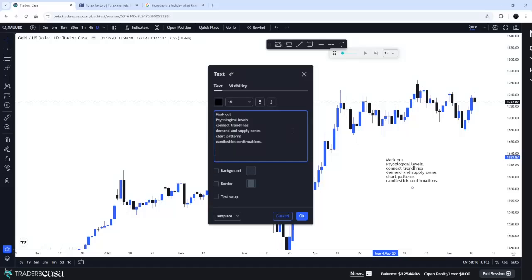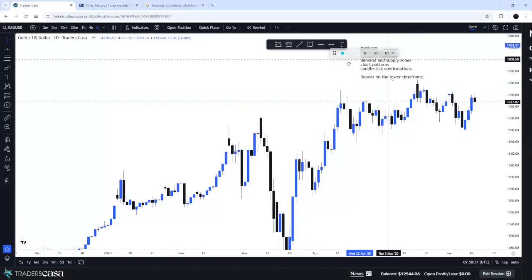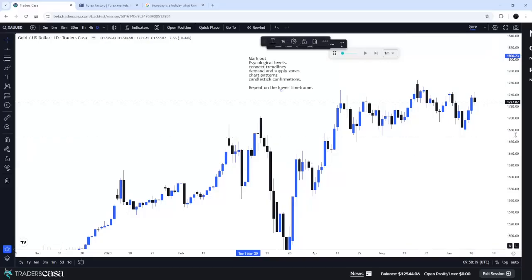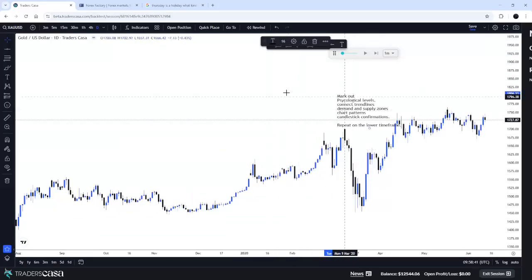Then we put this on repeat on the lower time frames. So put this on the lower time frame. So these are our steps. So first of all, what do you do first?